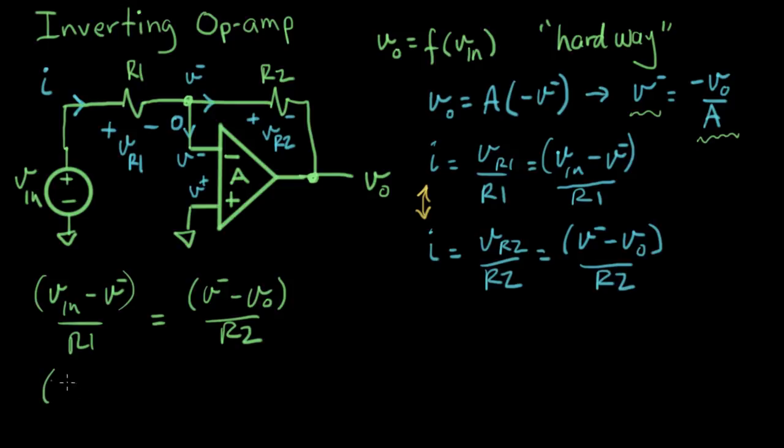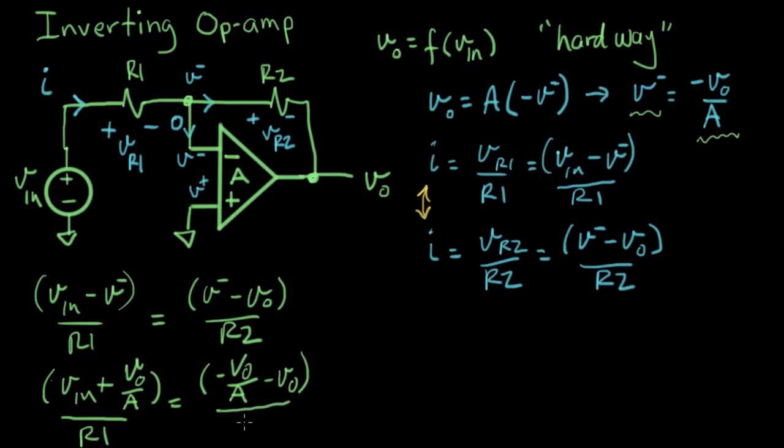It's going to be V in minus minus V out over A, so I get to make this a plus, and this becomes V out over A, all divided by R1, and that equals V minus, which is minus V out over A, minus V out, over R2.